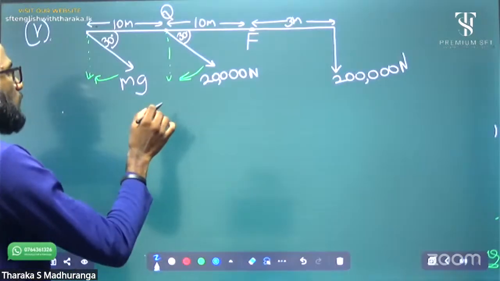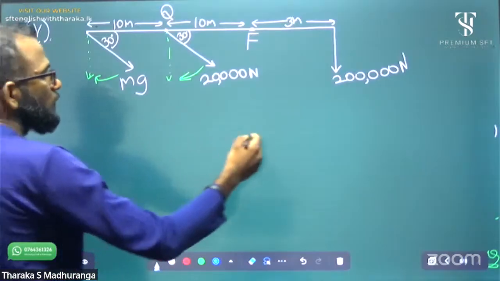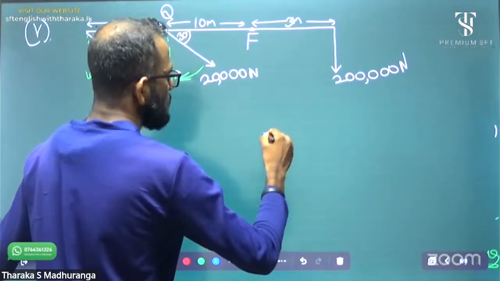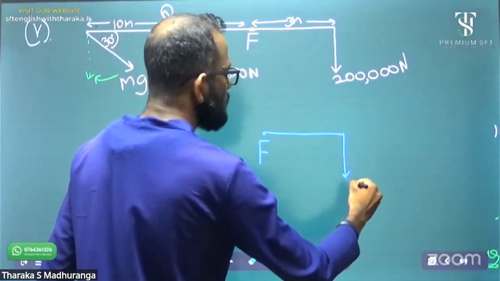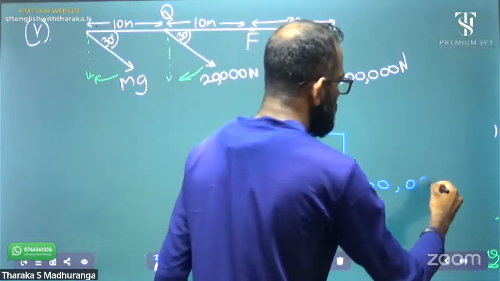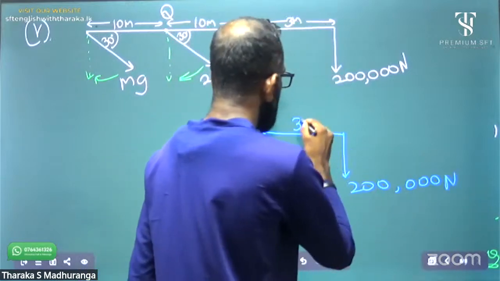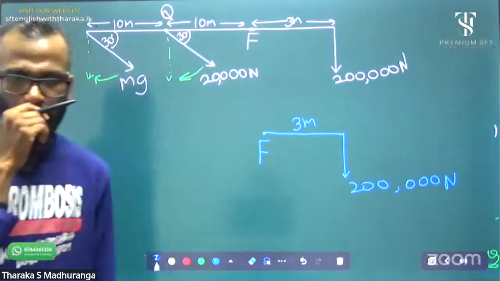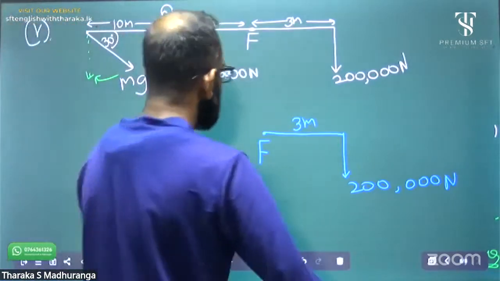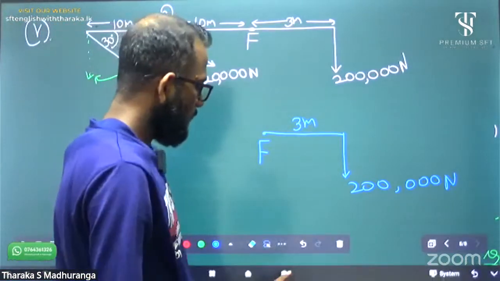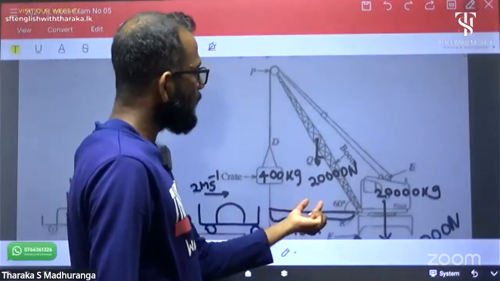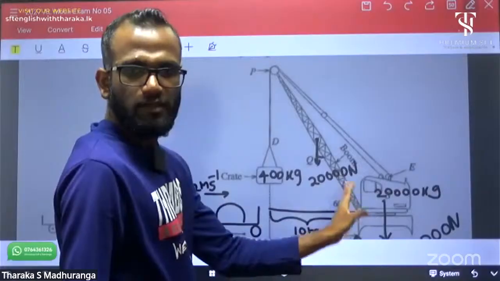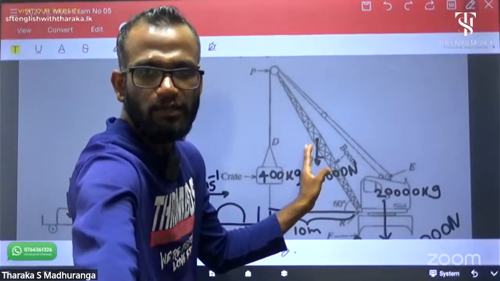If you draw this way, this is the F point, and this is 200,000 Newton, and it is 3 meter. This part is the same for both methods, but on my left side, the perpendicular distance is already given as 10 meter, and the boom length is 20 meter.